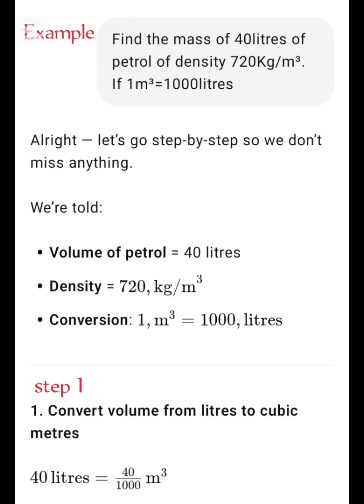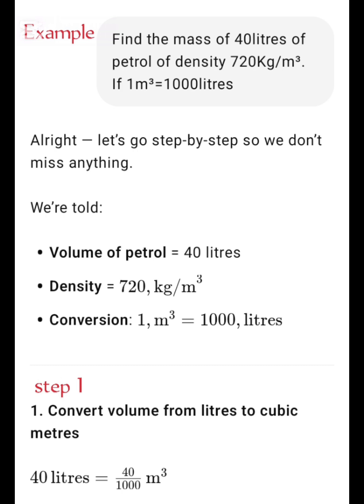We are going to be taking one example. Find the mass of 40 liters of petrol of density 720 kilogram per meter cube, if 1 meter cube is equal to 1000 liters. First of all, we are going to convert our 40 liters to meter cube by dividing by 1000, since 1 meter cube is equal to 1000 liters.